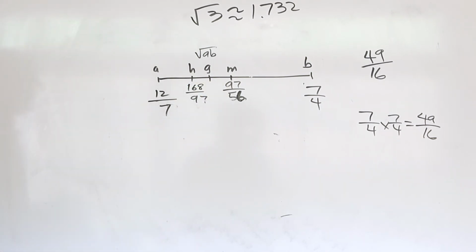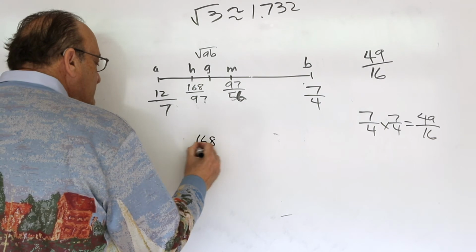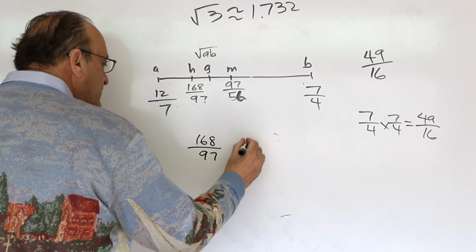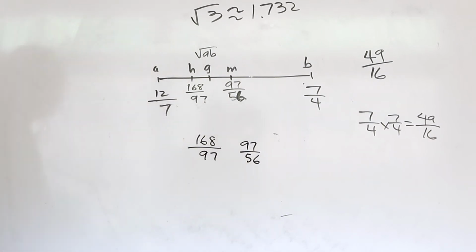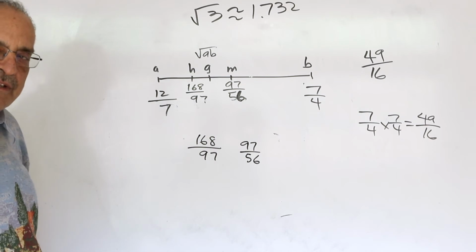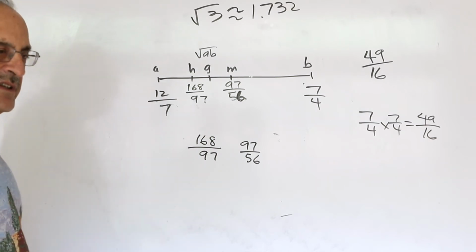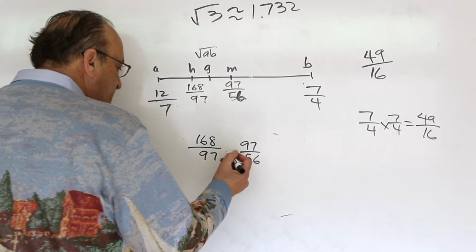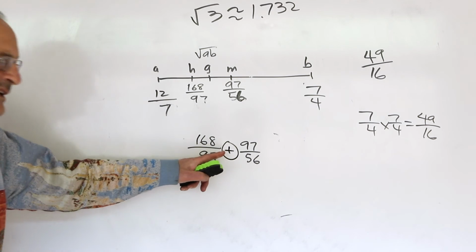Now, it turns out there's a funny way to add. A lot of students mistakenly add fractions by just adding the two numerators and adding the two denominators. And that's not a good thing to do usually. But sometimes we can cheat and do it that way. So we're going to add, but I'm going to put a circle around it because it's going to be a weird kind of adding.